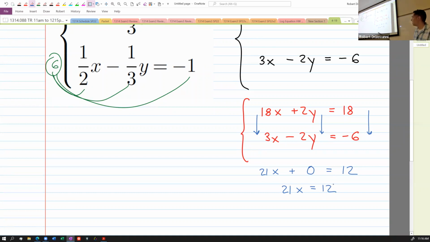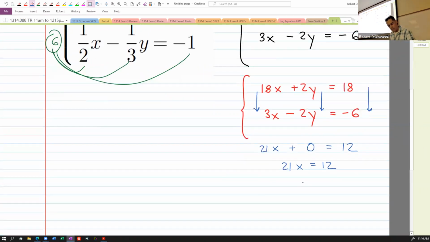So now what we can do is we can just divide both sides by 21 to get what x is. So x will be 12 over 21. Does that fraction reduce? What goes into both of those? 3, right? So 3 goes into 12 4 times. 3 goes into 21 7 times. So x is 4 over 7.